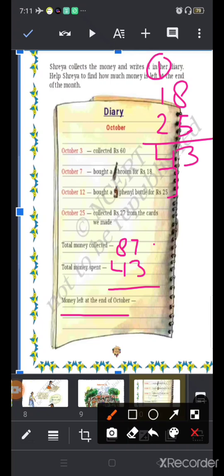So first we'll subtract the ones place, 7 minus 3. So 7 minus 3 is equal to 4 and 8 minus 4 is equal to 4. So money left at the end of October is equal to 44. How much money is left? Rupees 44. Isn't it? Okay.